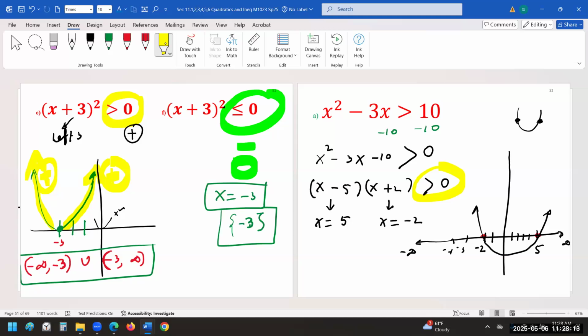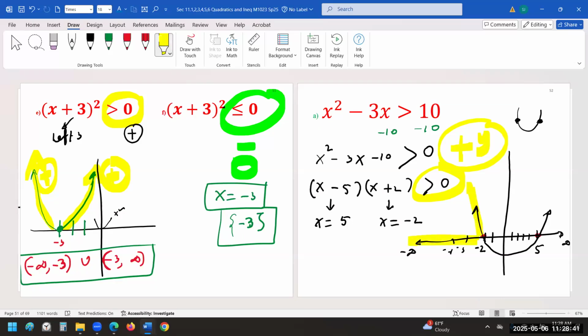Bigger than 0 means positive y or negative y? Positive y. So which part of our parabola is giving us positive y values? Good job. This portion is positive. That means the x values lie here on the left side. The positive y is here.